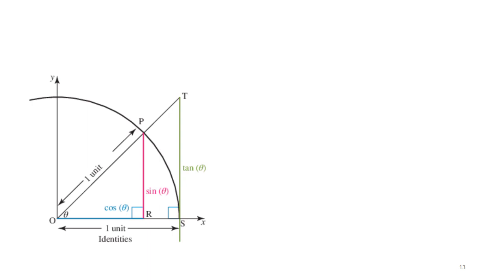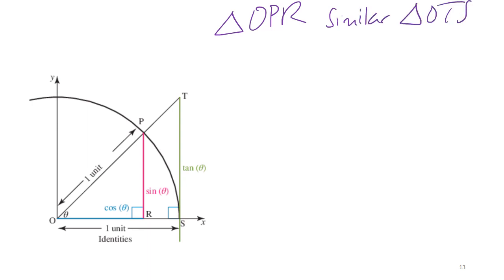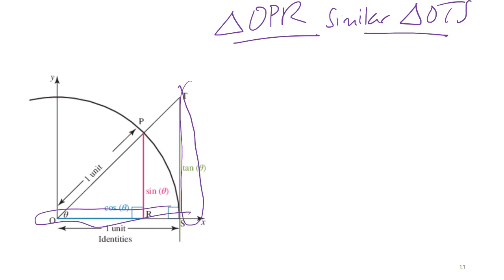So I've got two similar triangles. What can I do with it? Let me get the pen back up and write the notes here. Triangle OPR would be similar to triangle OTS. If you know these two triangles are similar, then the ratio of the sides would be the same.